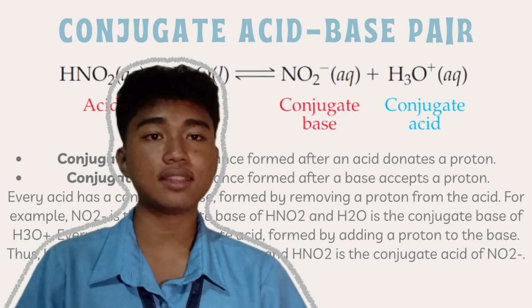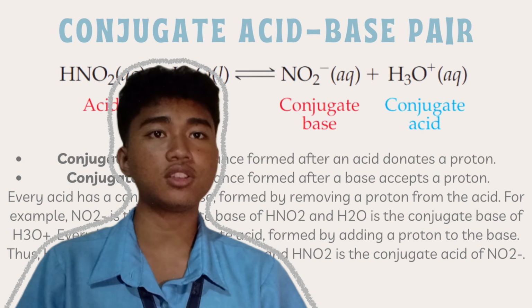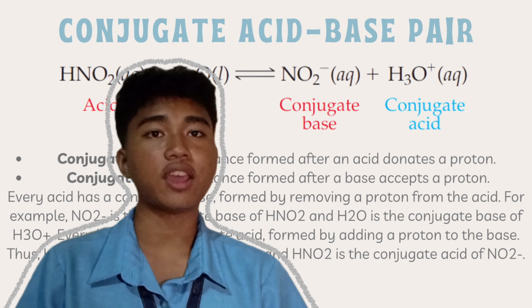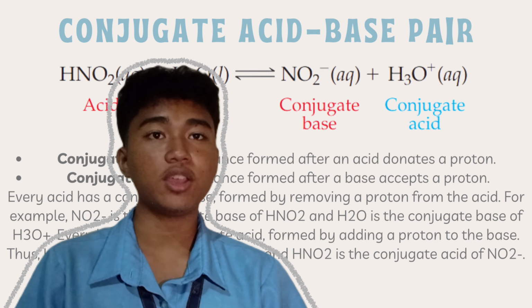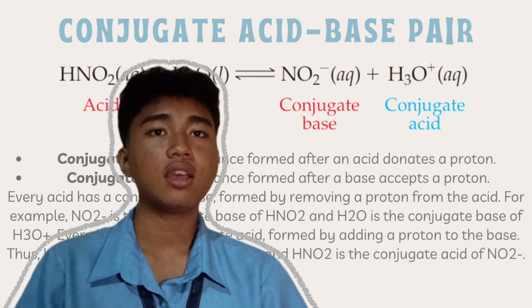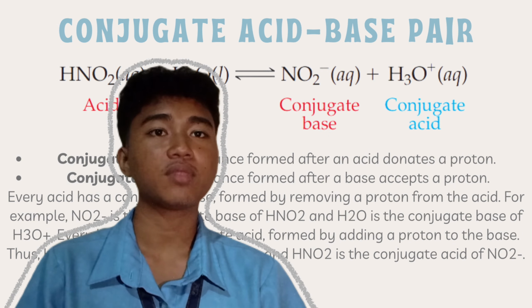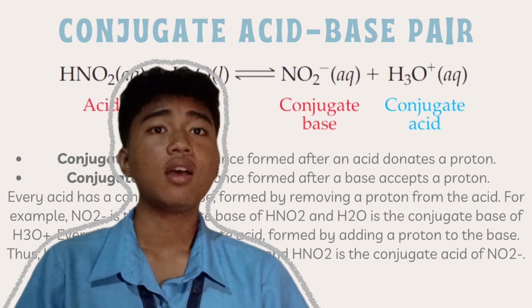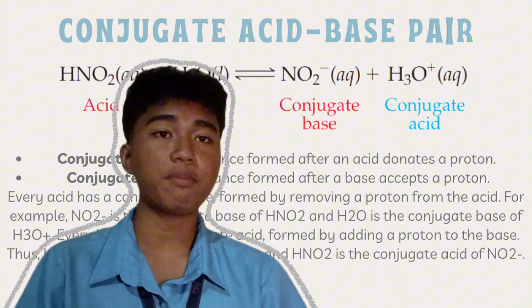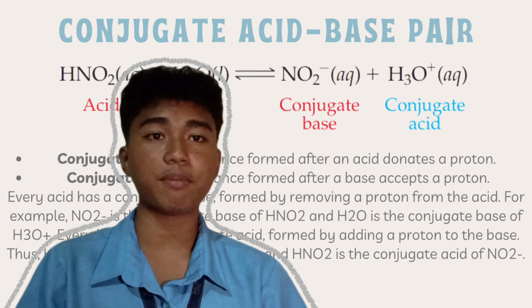Essentially, when an acid like hydronium ion loses a proton, it forms a conjugate base, which is water. Similarly, when a base like nitrite ion gains a proton, it forms a conjugate acid, which is nitrous acid. This reversible process highlights the dynamic nature of acid-base pairs in chemical reactions.